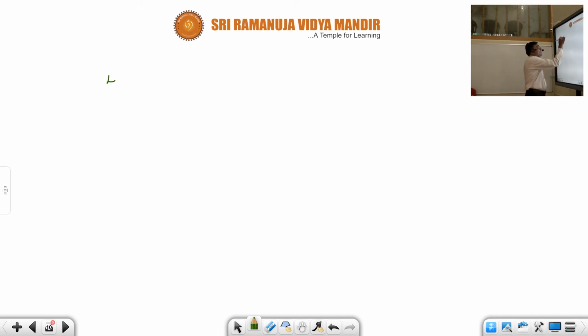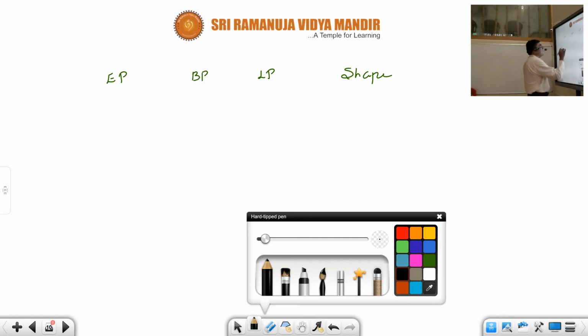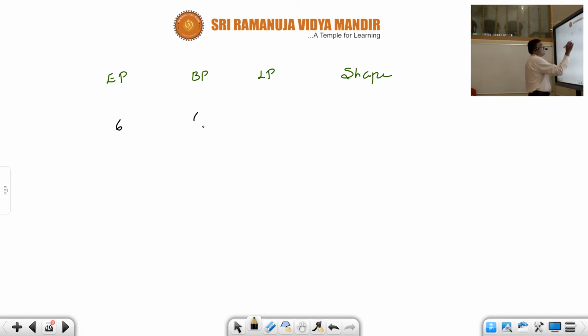So electron pairs, bond pairs, lone pairs, and shape. If you write here 6 electron pairs, 6 bond pairs, lone pairs 0, the structure is octahedral.